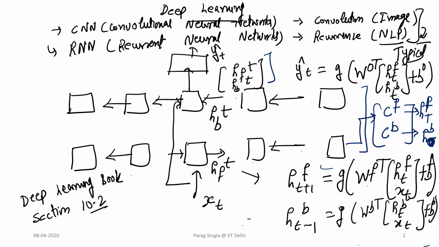Because in the beginning. So these are the final context vectors which are computed, and instead of feeding in hft and hbt, you can also feed in, instead of this arrow, these context vectors, cf and cb.